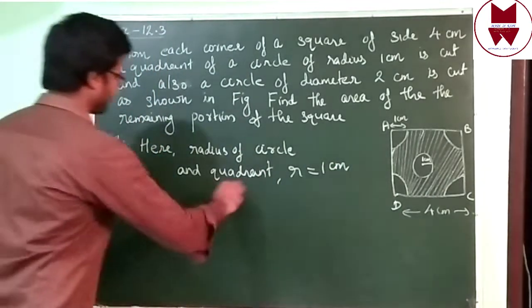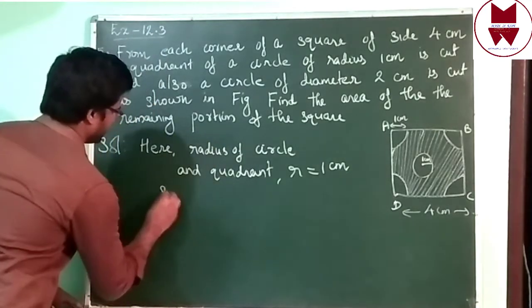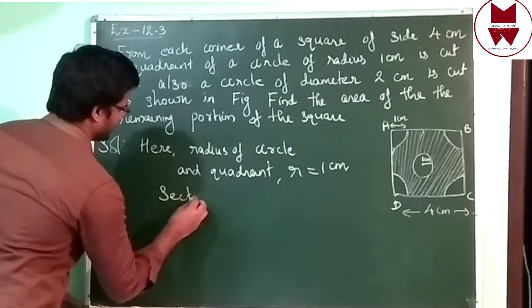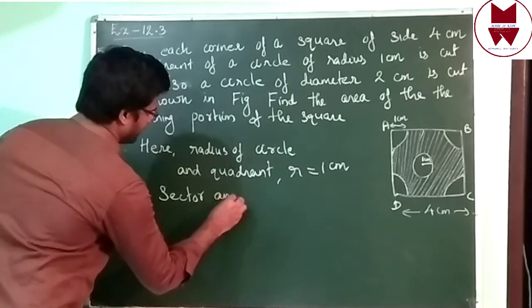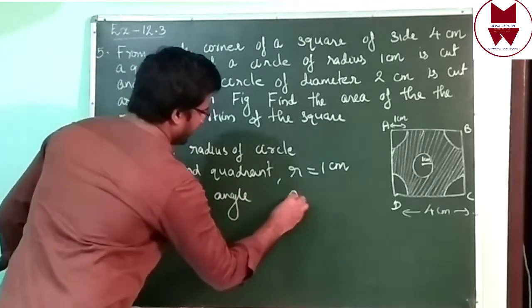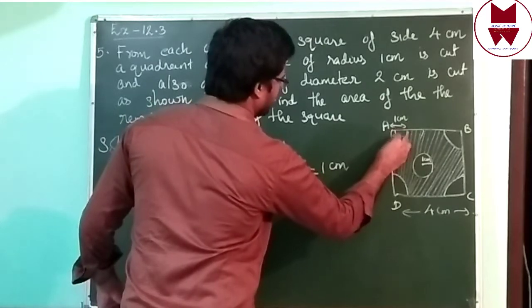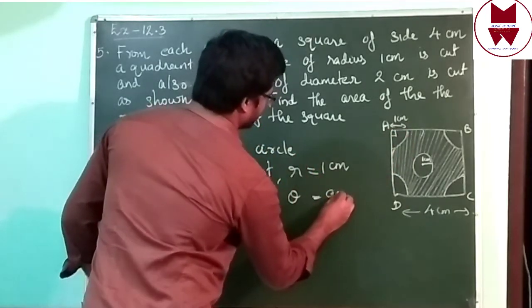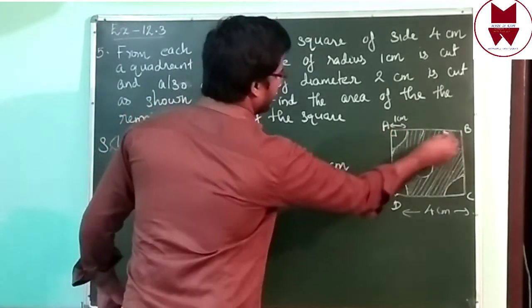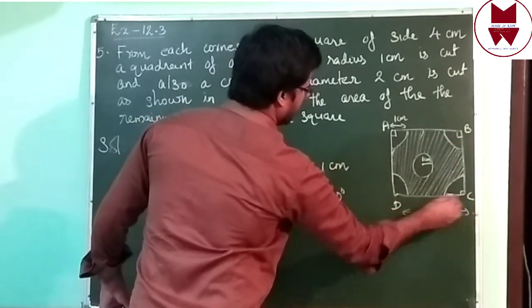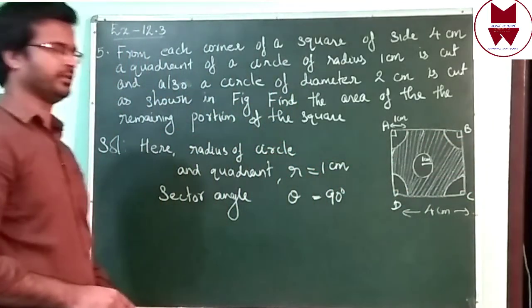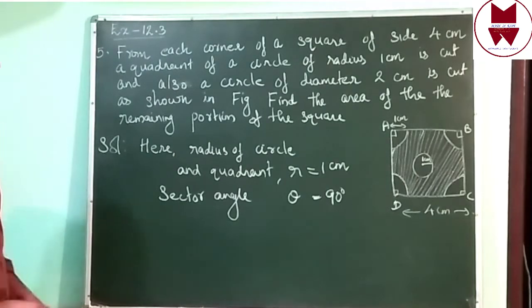Then the sector angle theta. Here one sector is there, that angle is 90 degree. Here also 90 degree, this one also 90 degree. Sector angle theta equal to 90 degree.